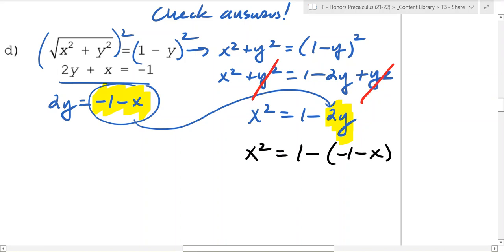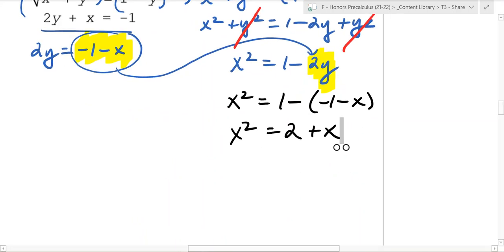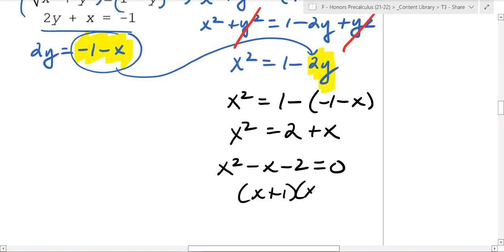So what you end up with is x squared is equal to 2 plus x. So then you put everything on one side, you get x squared minus x minus 2 is equal to 0. So you have x plus 1 times x minus 2 is equal to 0. So x is equal to negative 1 or 2.